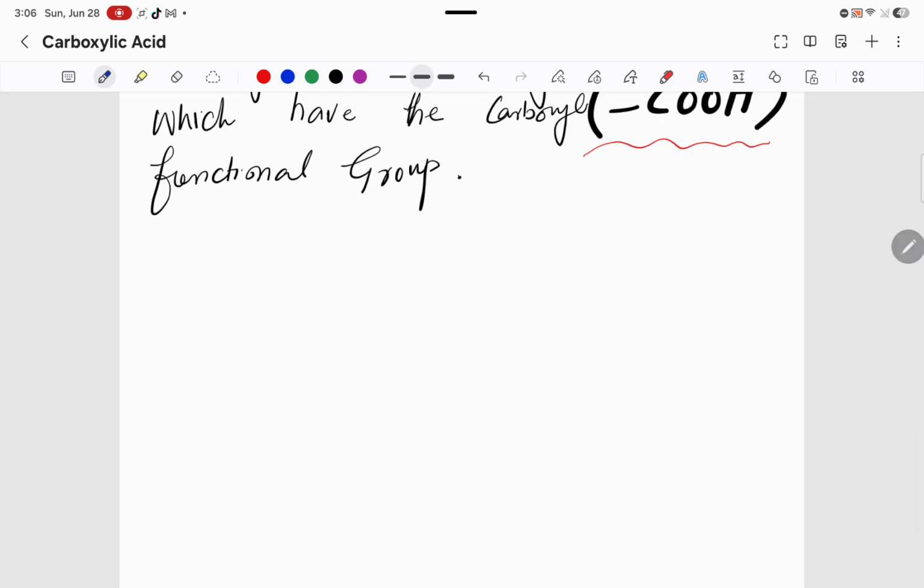Let's understand the general formula of carboxylic acids.